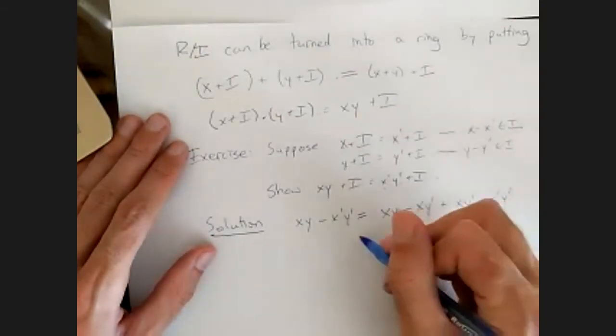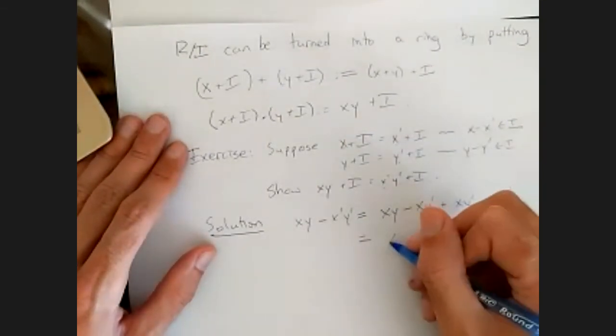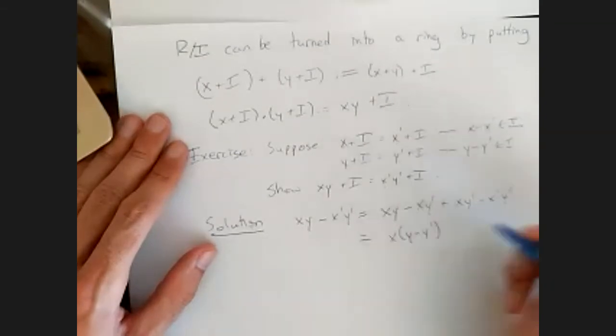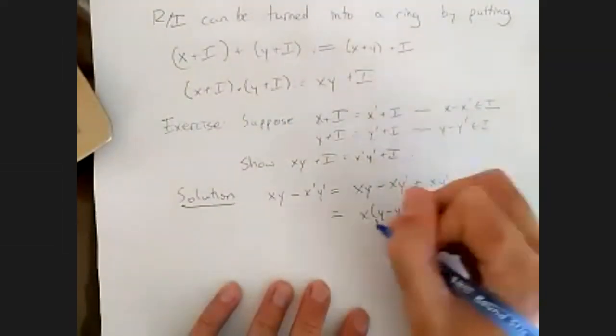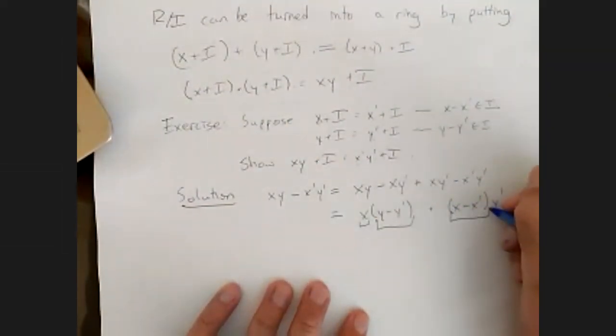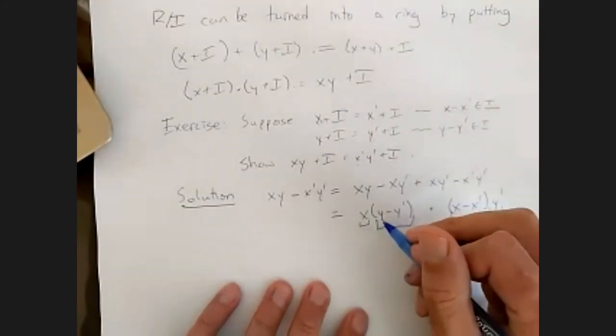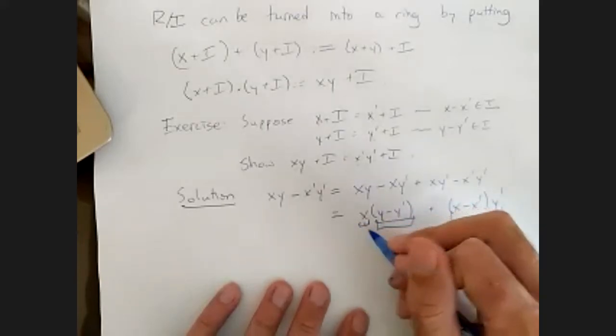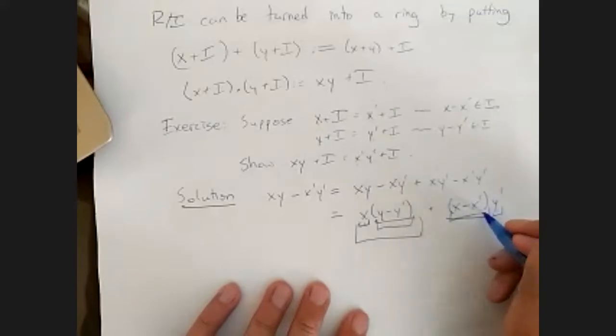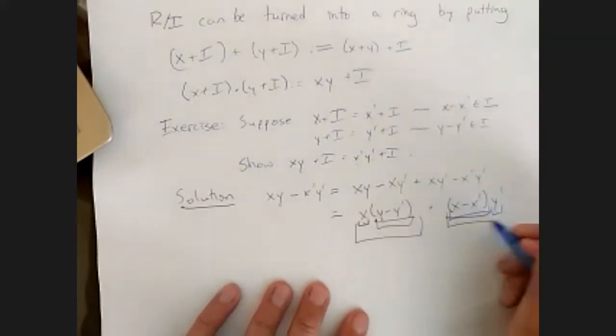Now, xy minus xy prime is just x times y minus y prime. And xy prime minus x prime y prime is x minus x prime times y prime. This is an element of the ideal, and this is an element of the ring. The ideal is closed under multiplication by arbitrary elements of the ring, so x times this element of the ideal is still in the ideal, and this element of the ideal times this element of the ring is in the ideal.